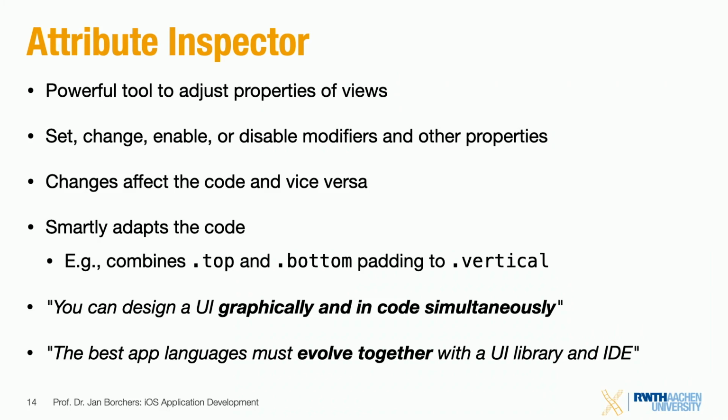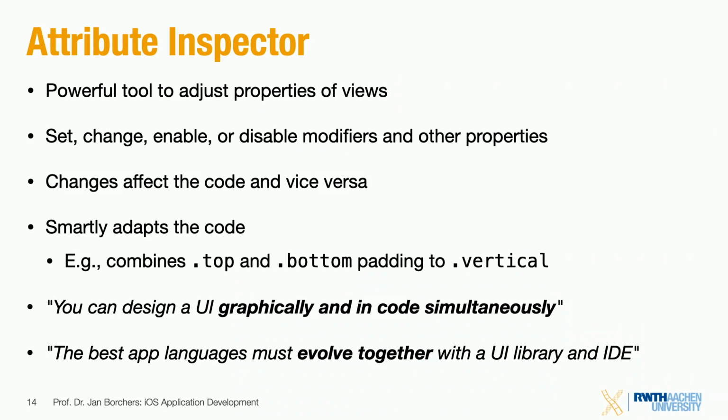It even is smart enough to adapt the code. So if you, for example, set top and bottom padding in your attribute inspector, it will collapse these two to say dot vertical, because that basically means top and bottom are both on. And so it will simplify your source code in this way. So what I'm hoping you can see from this is that, yes, you can design a UI graphically and in code at the same time.